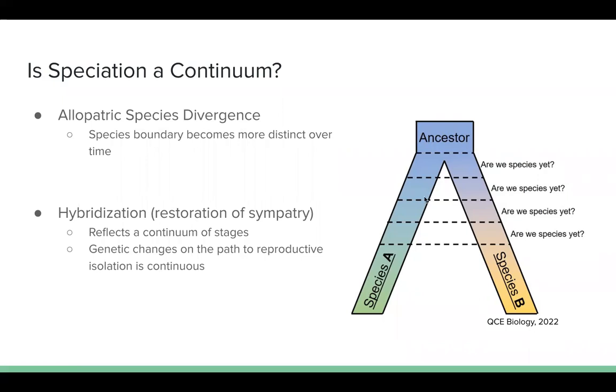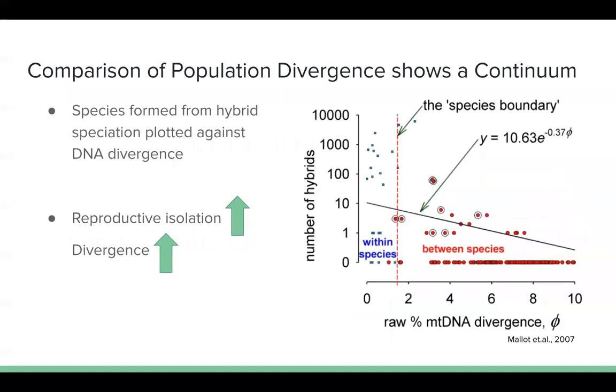So this is just showing the two species diverging and just questioning, at which point do you consider them a new species? And then hybridization, so a restoration of symmetry, reflects actually a continuum of stages. And so that just means that the genetic changes on the path to speciation, on the path to reproductive isolation, are continuous, and there isn't necessarily a distinct boundary.